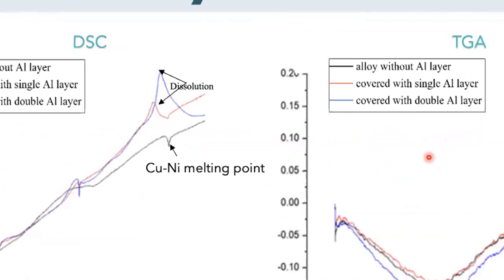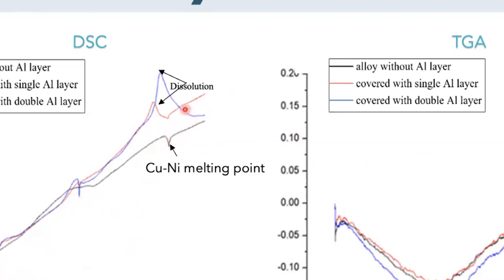So for the thermal analysis, we do the DSC and TGA. In the DSC graph, the curves are not flat, which means oxidation keeps occurring during the process. For the sample without the aluminum layer, here we have an endothermic peak, which means the copper nickel melting point.